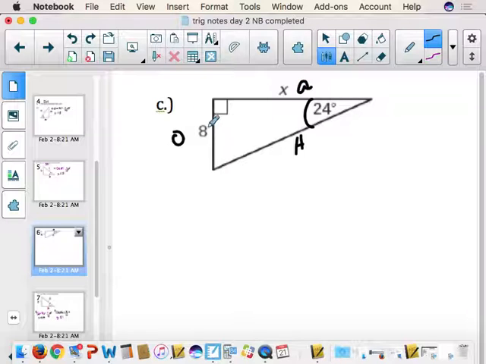So what trig function uses O and A? Good, tangent. So we're going to have tangent of 24 degrees is equal to 8 over X.